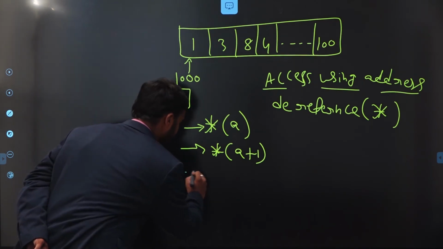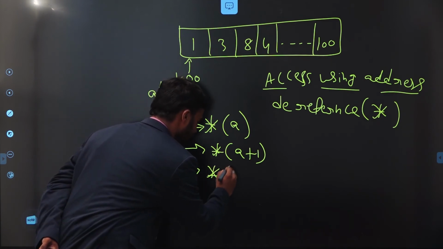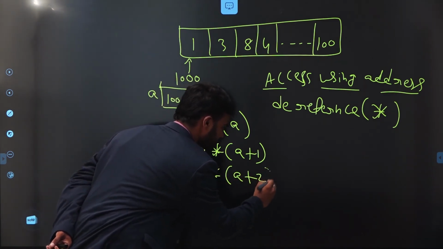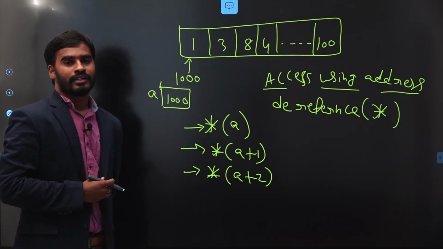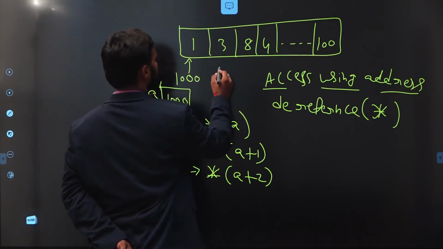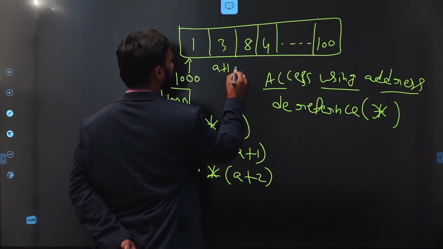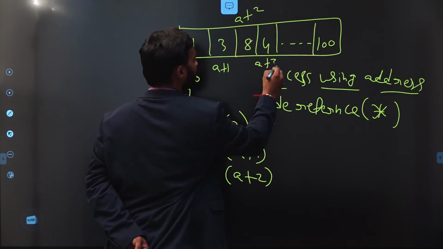If you want to find the value of the third block, star A plus 2, where A plus 2 stands for the second block after A. So this is A, this is A plus 1, this is A plus 2, this is A plus 3, and so on.